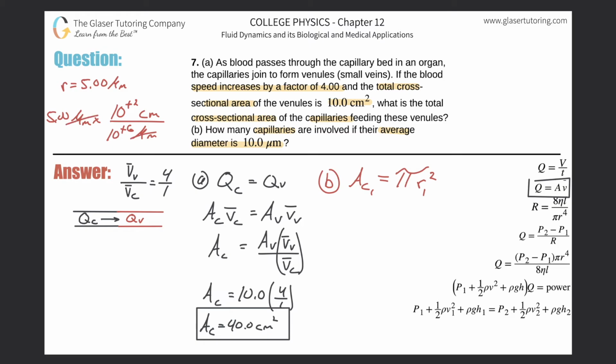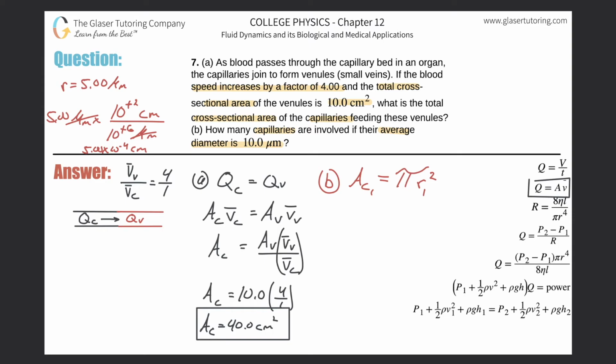So this is simply 5 multiplied by 10 squared, divided by 10 raised to the 6th. We get 5 times 10 to the minus 4. So the radius value is 5.00 times 10 to the minus 4, and this is now in centimeters.